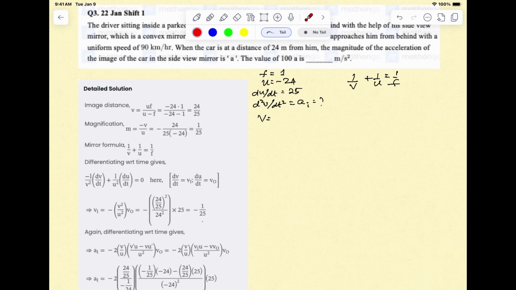Incidentally, I have another video lecture where I have given a shortcut method which will avoid using this mirror equation. That particular shortcut method will hold good not only for convex and concave mirrors, it will also hold good for convex and concave lenses also.